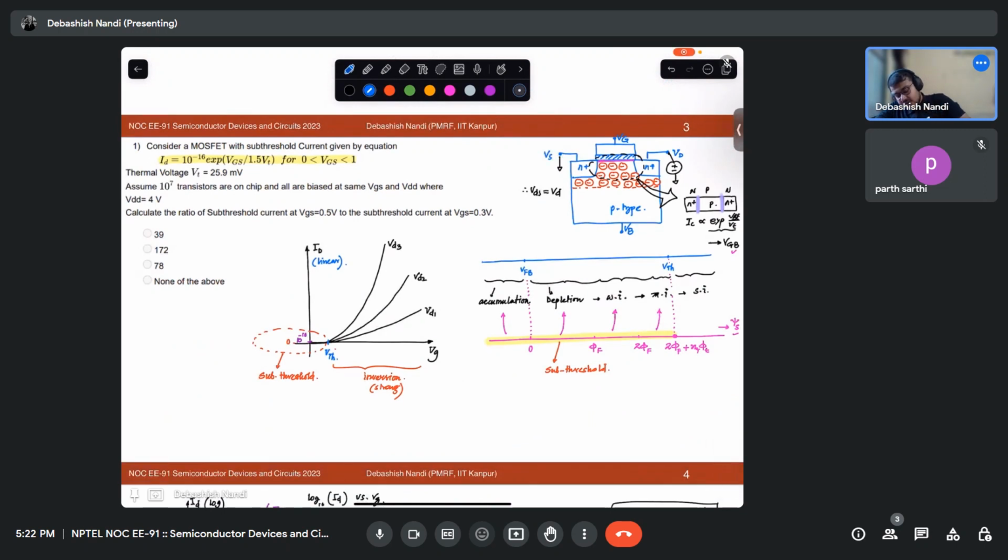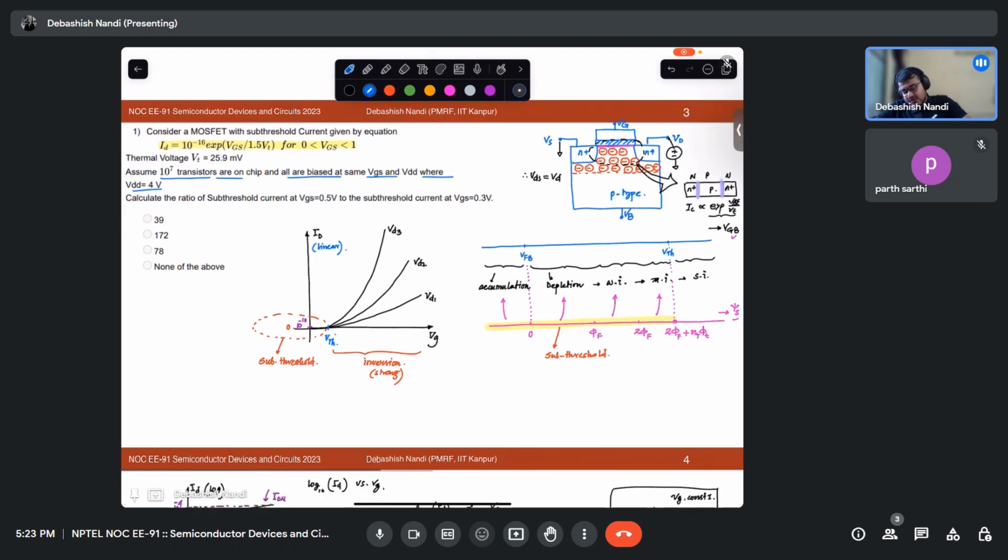So far as the theory is concerned, that is it. Let us see what the question is. The question is that in a die or a chip there are 10 raised to 7 transistors. 10 raised to 7 means 10 million transistors, and all are biased at VGS and VDD, where VDD is 4 volt.